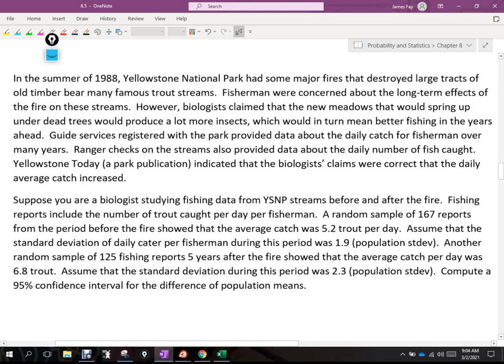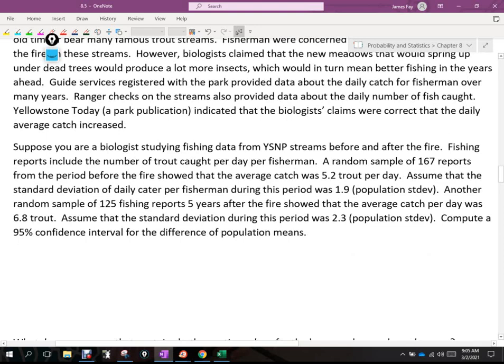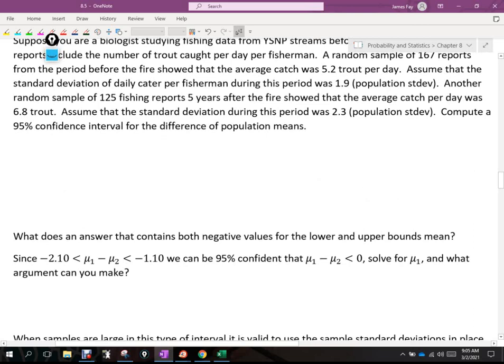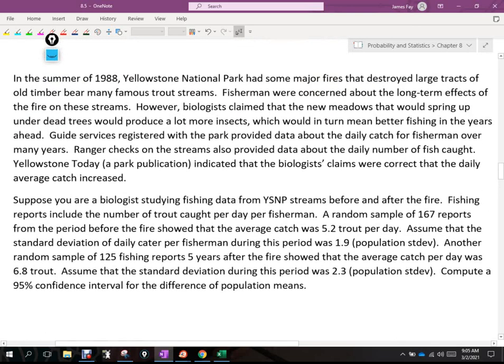So if I add 1.9 to that, and I subtract 2.3 from that, we're now kind of putting those numbers very close to one another. Does that make sense? And that's what the standard deviation kind of allows us to do. So even though this is greater, there's some overlap with this information. So I want to make sure through statistical testing that I can argue that fishing is better or it is not better.